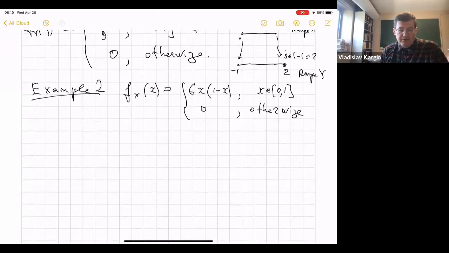We write that y is equal to x cubed. And again, we can easily see that x cubed is a one-to-one function.